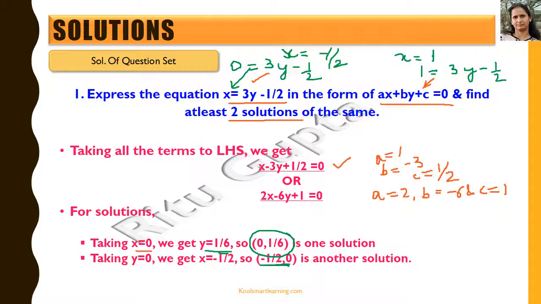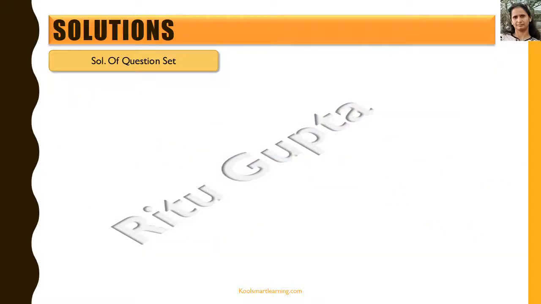So we could say 3y is equal to 3 by 2, and y becomes equal to 1 by 2. So we have (1, 1 by 2) as another solution. So we can find as many solutions as we want.